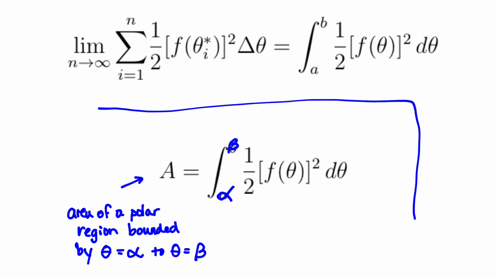The area of that polar region is the integral from alpha to beta of 1/2 times the function of theta squared d theta. And again, instead of f, I always like to put r in here, because my functions are all r equals a function of theta. So the area for any polar curve can be given as the integral from alpha to beta of 1/2 r of theta squared d theta, okay?